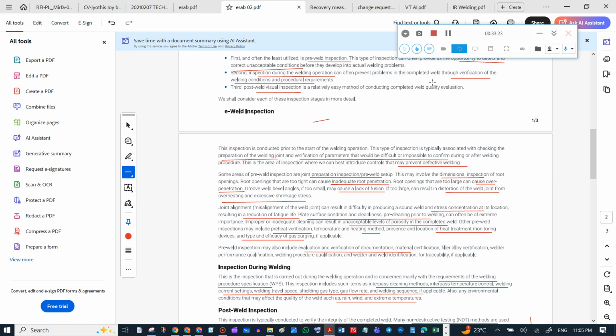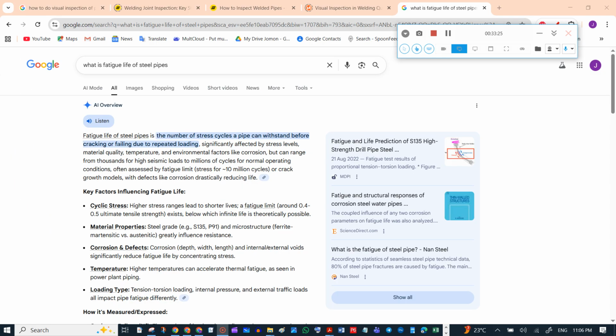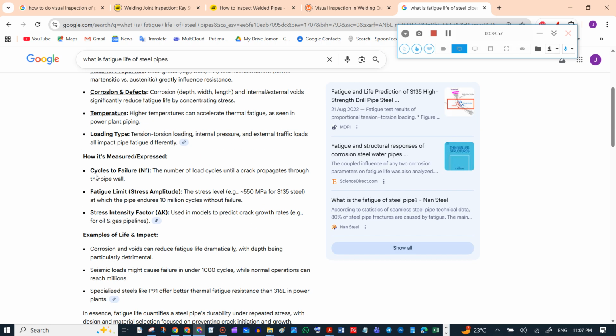So what is fatigue life? Simply, fatigue life is the number of stress cycles a material can withstand before cracking or failing due to repeated loading. It is often assessed by the fatigue limit, that is the stress for 10 million cycles, or by crack growth models. Key factors: cycles to failure is the number of load cycles until a crack propagates through the pipe wall.